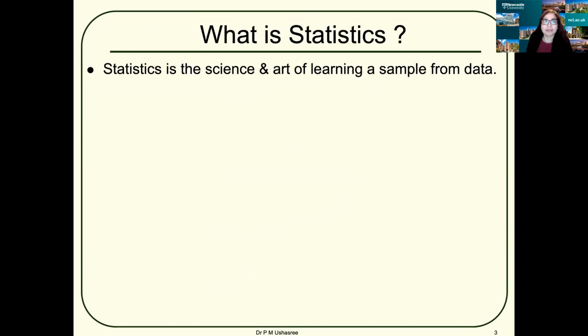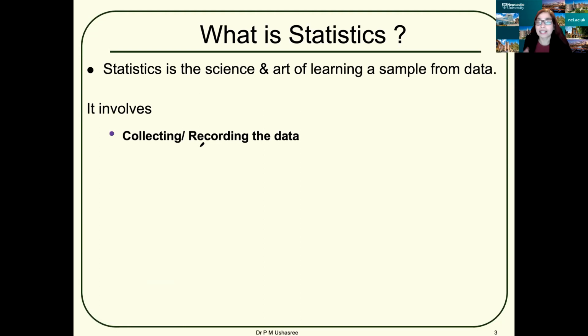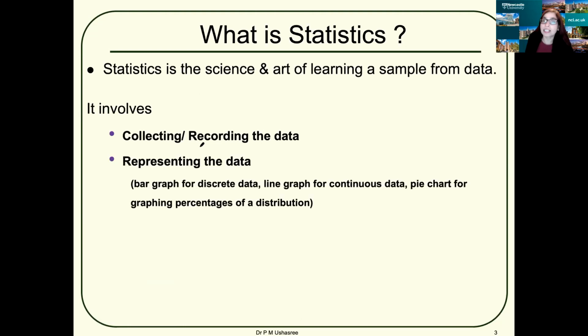Excellent, guys. Very good. Statistics is the science and art of learning from sample data. That is, statistics is the science of drawing conclusions about the world from data. It involves collecting or recording the data, and representing the data in a graphical way, like bar graph, line graph, pie chart.